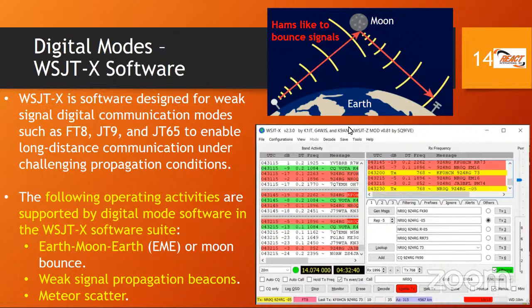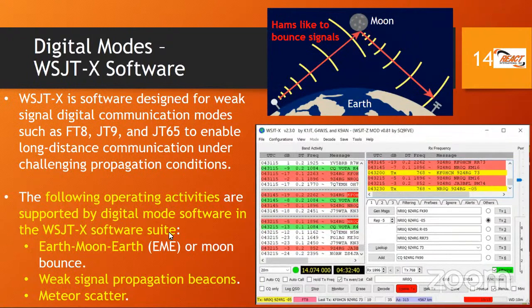And there are different modes that the WSJTX software can work with. One that we'll talk about in the next slide is called FT8. But you will encounter some other modes as an amateur radio operator, JT9, JT65, and so on. So these are some of the modes that the software called WSJTX supports.